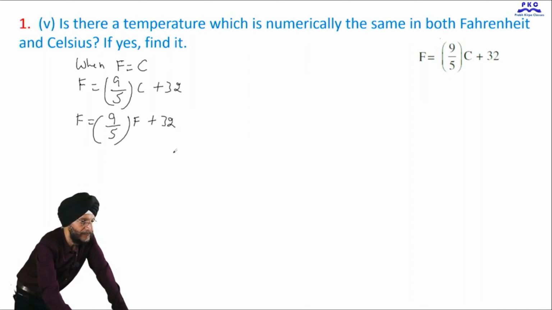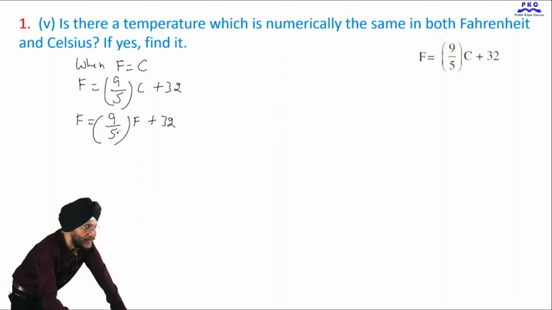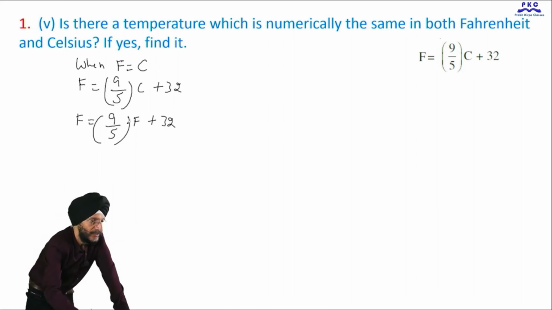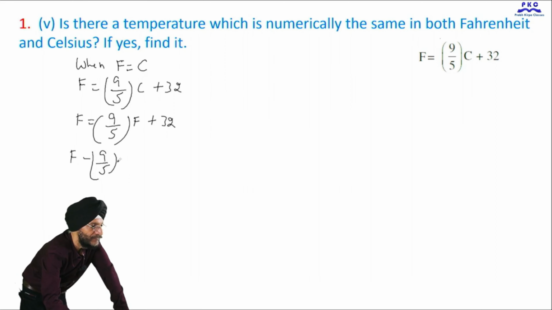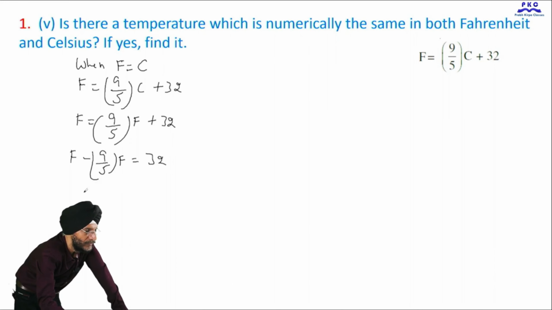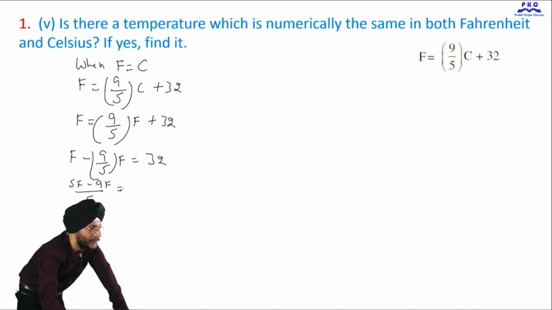So what will happen? Now 9/5 F will be taken to the other side. F minus 9/5 F is equal to 32. So now 5F minus 9F over 5 is equal to 32.